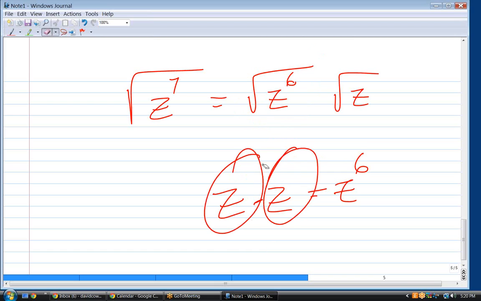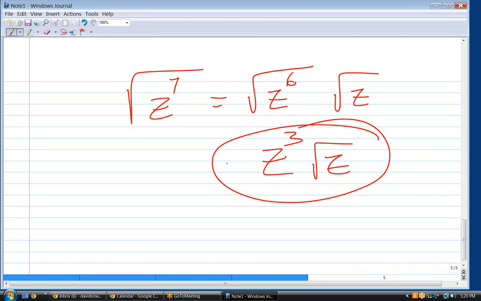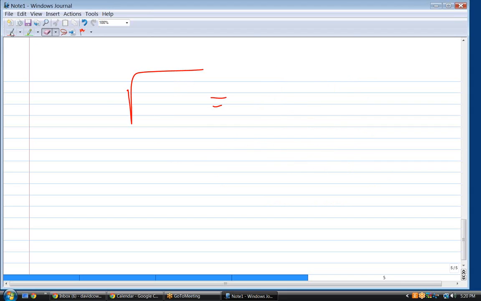So I can take this z to the 6th now, and taking the square root of that becomes z to the 3rd. Well, I still have this square root of z, so that's the answer for the square root of z to the 7th. But how do you know to get z to the 6th power? Well, let's do a couple more and you'll figure it out.